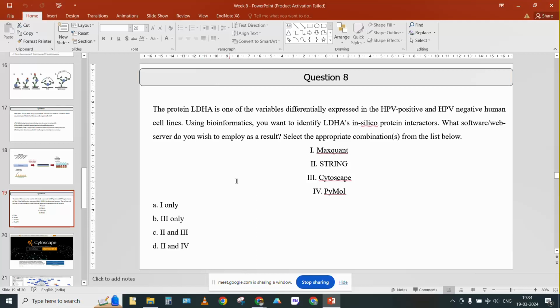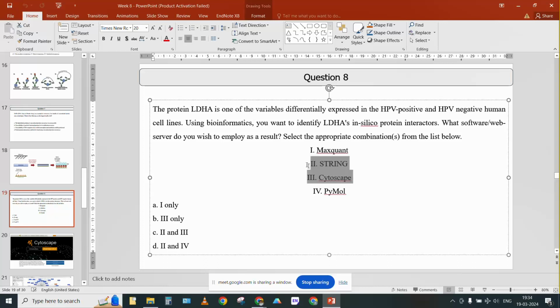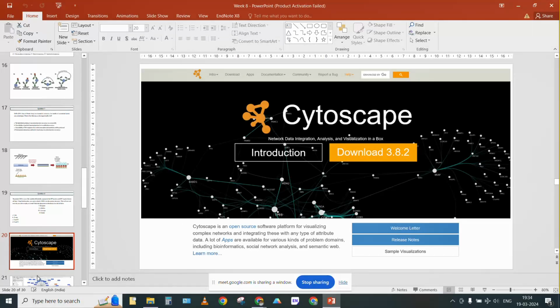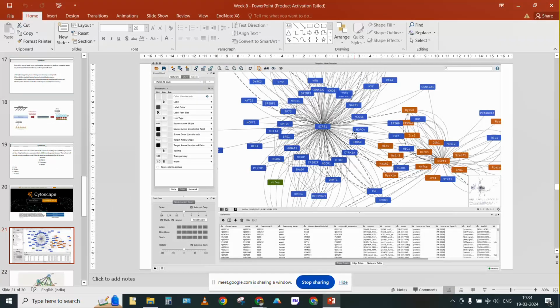The correct answer for this question is Cytoscape and String. These two software are used to identify in silico protein interactions. We'll look into the interface for both of the software now. First we'll cover Cytoscape. This is the interface of Cytoscape, and this is the network created by the software called Cytoscape.